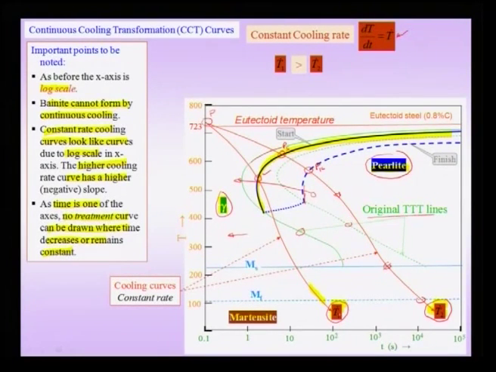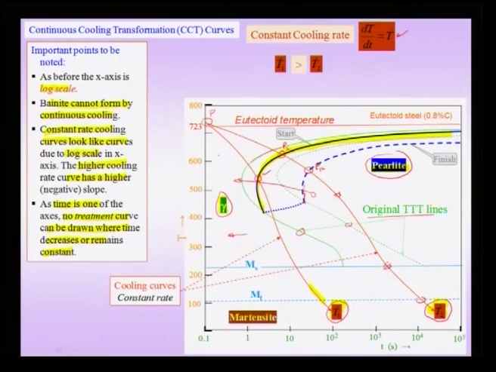That means I land up with a microstructure which is pearlite, and the remaining austenite can transform into martensite. Therefore, I have a combination of phases now. And of course, I can avoid the nose of the CCT diagram and therefore go to higher cooling rates, in which case I will obtain a fully martensitic phase right here. I can use a cooling rate, which we will see in the coming slides.